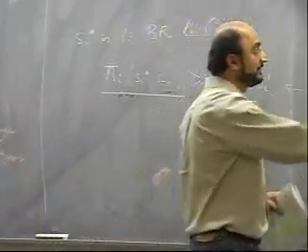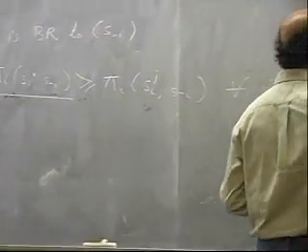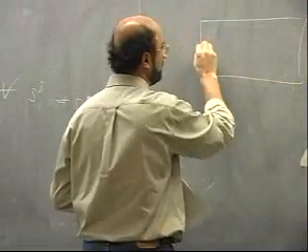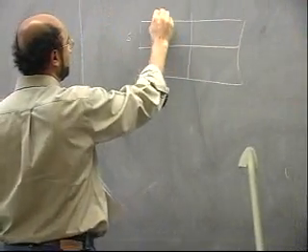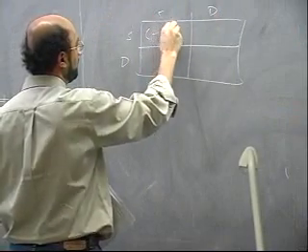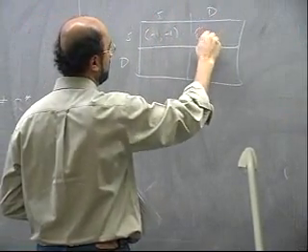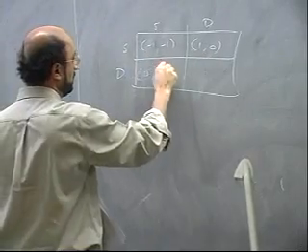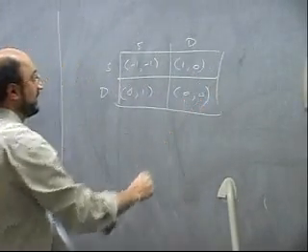Okay, so let's take a look at the Wi-Fi game again. This is the matrix, with S and D, and minus 1, minus 1. So that's my Wi-Fi game.